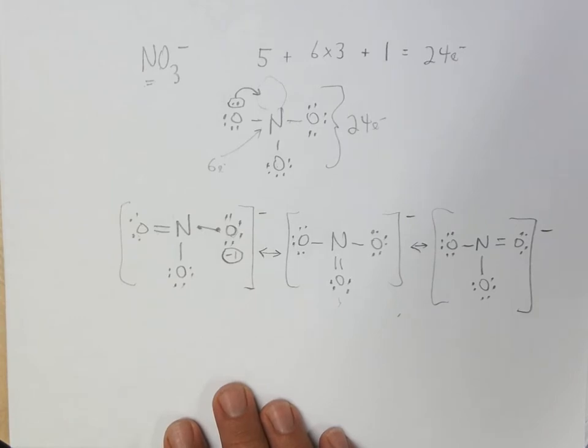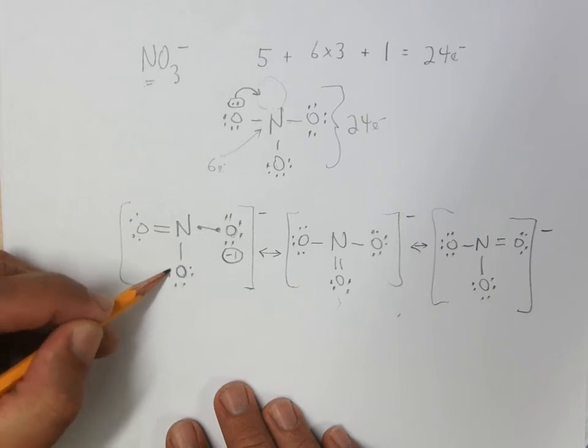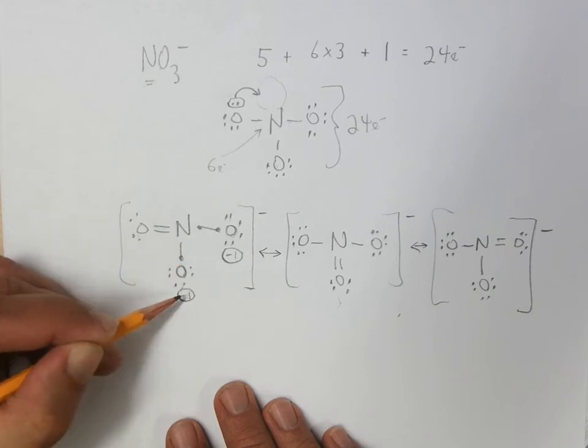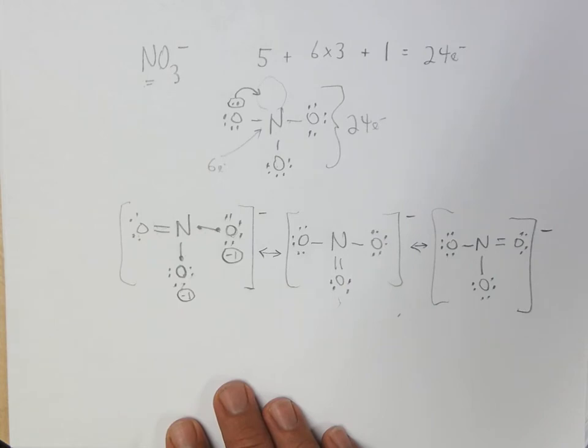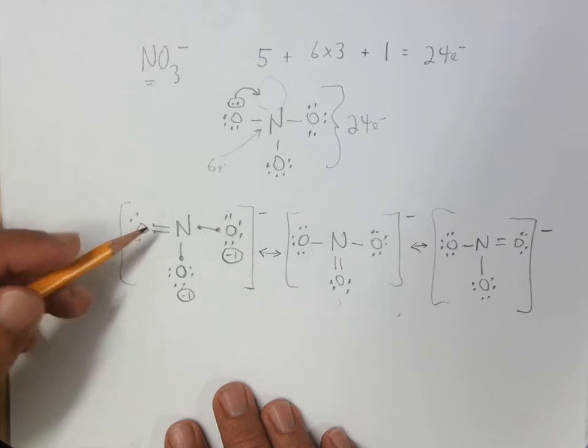And you'll see quite a bit of that, because every time you have a single bonded oxygen obeying the octet rule, it'll have 6 lone electrons all to itself, plus it gets 1 from the shared pair, making 7. 7 is 1 more electron than oxygen would have if it were neutral. The double bonded oxygen, 1, 2, 3, 4, all to itself, plus 2 from the shared pairs is 6.